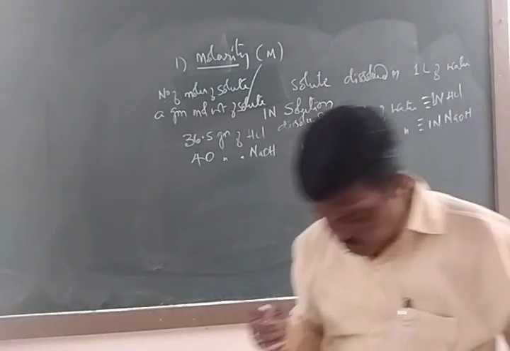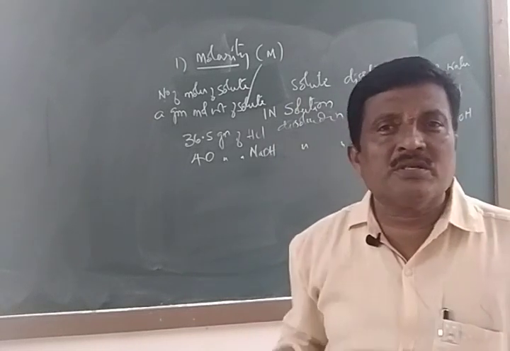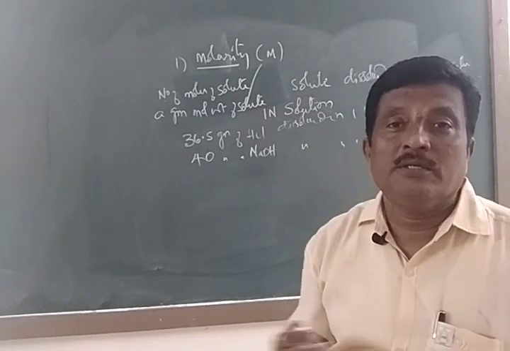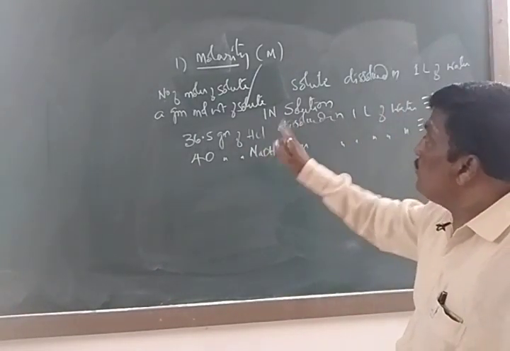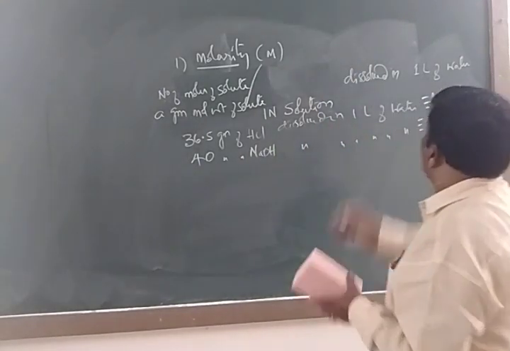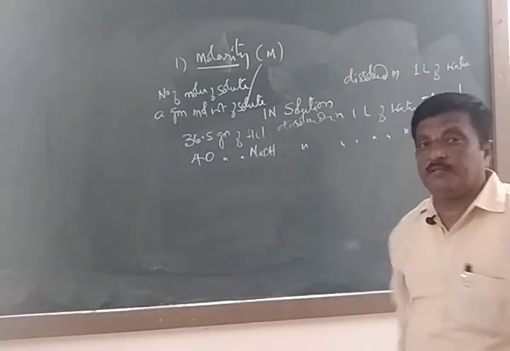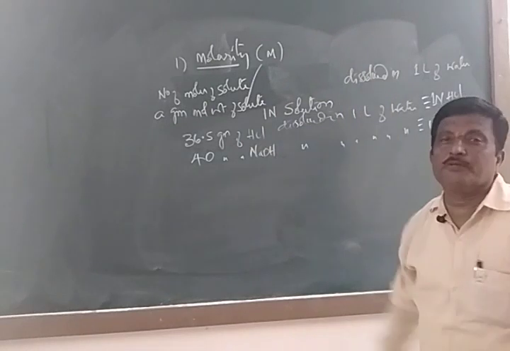Because it is a very important concept used to express the amount of chemical substance. Is it right? So number of moles of a solute or a gram molecular weight of solute dissolved in 1 liter of water or 1 liter of solvent is called the molarity of a solution.